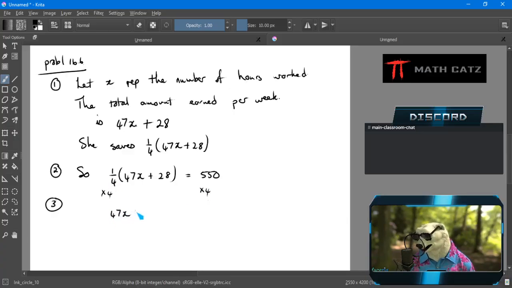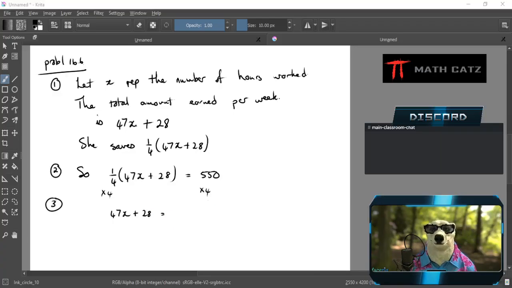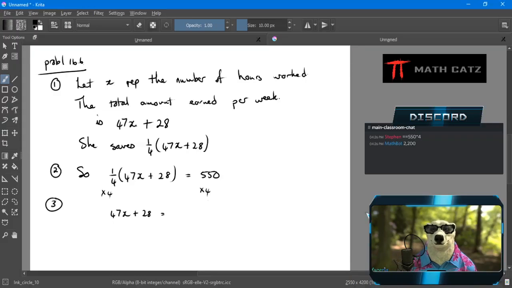So 47x plus 28 is 550 times 4. I realize we haven't really typed anything in here, so let's get a calculation to show. And of course we get 2,200. Then I'll subtract 28 on both sides. Use your calculator, don't use your calculator.